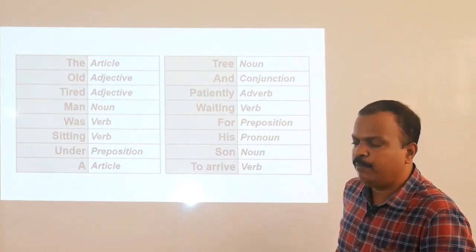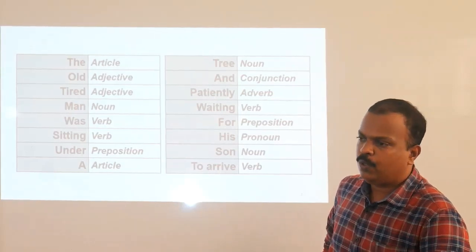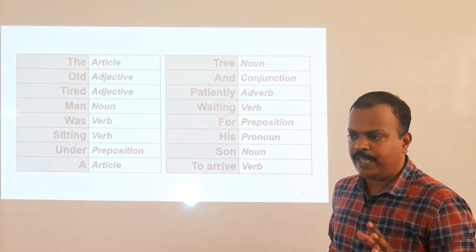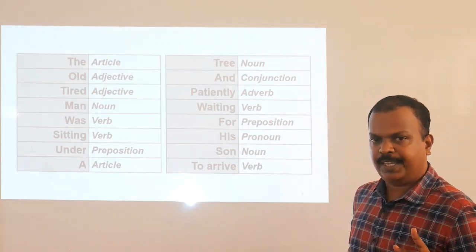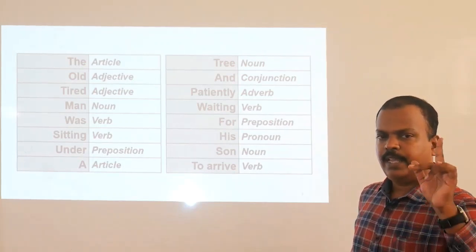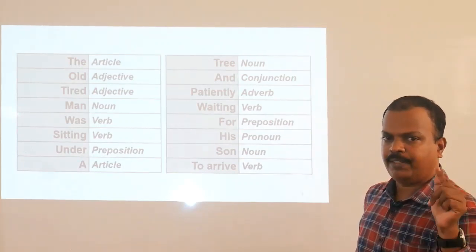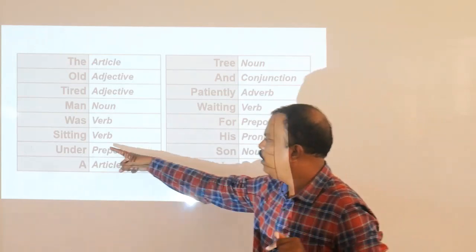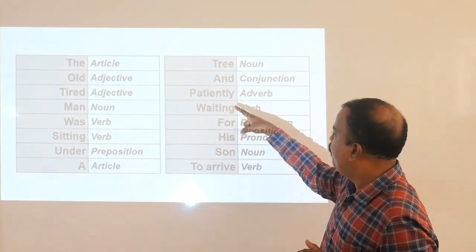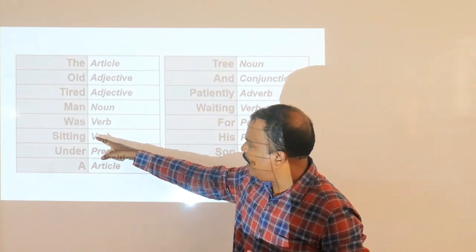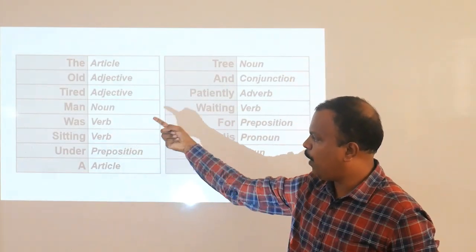Was and sitting, both are verbs. So the main action the man is performing here, there are two actions he is actually performing. Yes, he is sitting and he is waiting, right? These are two important verbs, sitting and waiting. Now sitting has was with it, yes, was sitting.